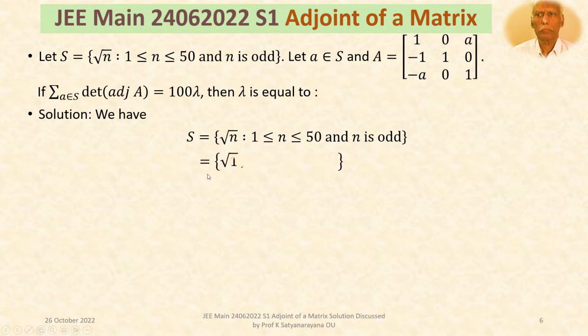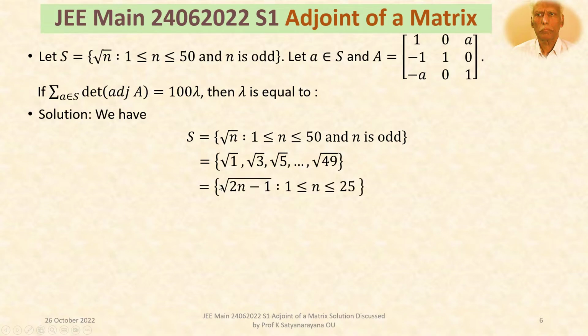That means this is equal to root 1, root 3, root 5, etc. root 49. These are all odd, and the last odd number before 50 is 49. And this is the set of all root of 2n minus 1, where n is equal to 1 to 25. Obviously, S has 25 elements. The order of S is 25.